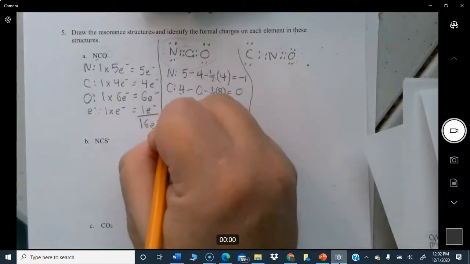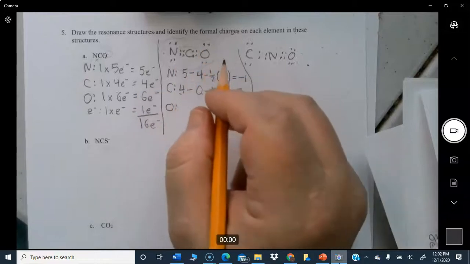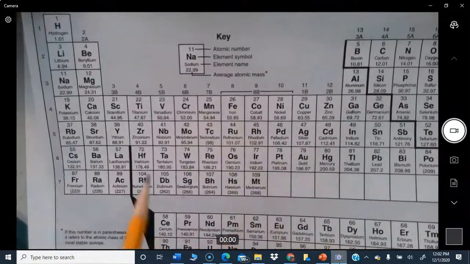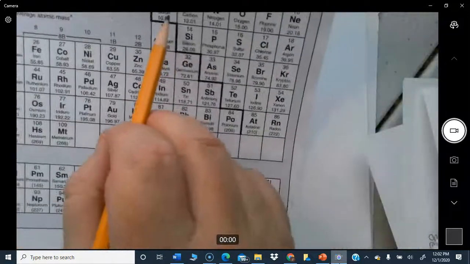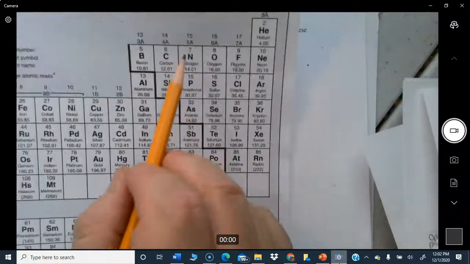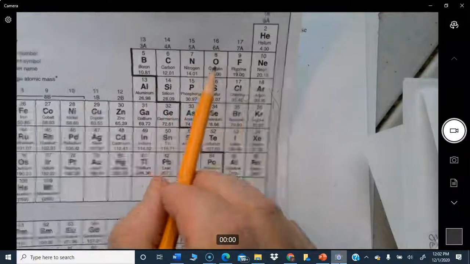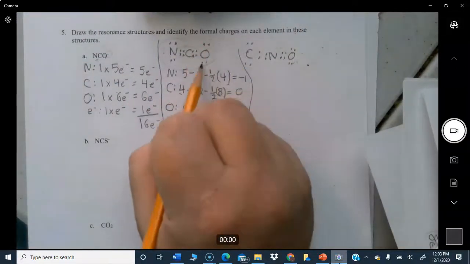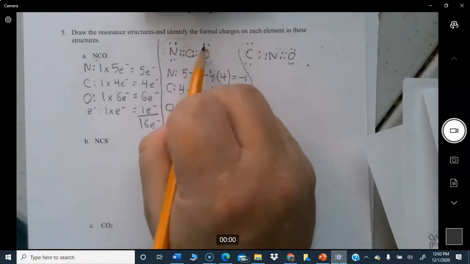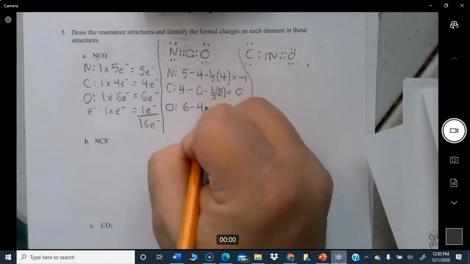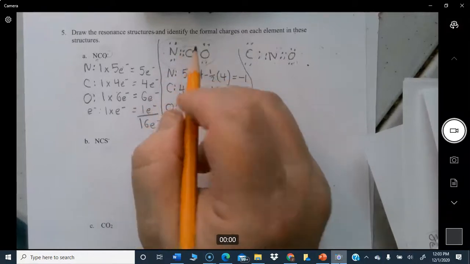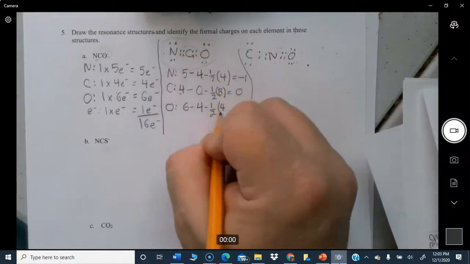Oxygen. Oxygen in its natural state, again, the first number is always what the atom is in its natural state. So oxygen is 1, 2, 3, 4, 5, 6. 6 valence electrons minus the lone pairs. 1, 2, 3, 4. 4 lone pair electrons minus half of the bonding. 1, 2, 3, 4 bonding.